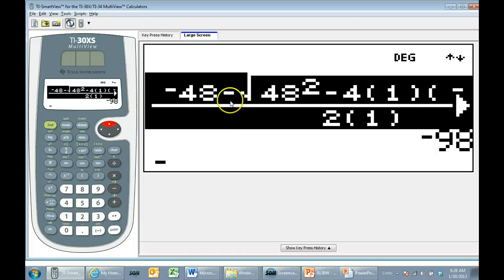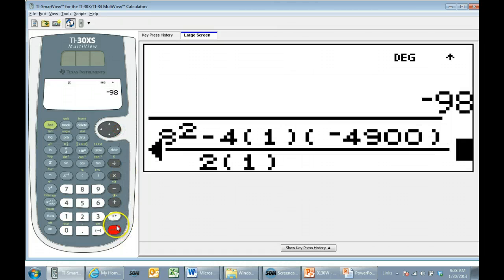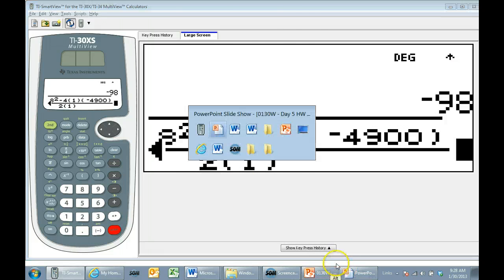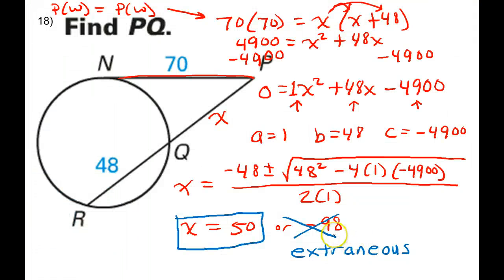Go back. This minus sign right here, that's the black button. This minus 4, that's the black button. But this negative sign in front of the 4,900, yeah, this negative sign right there, that's the white button. If you use the wrong button, you're going to get an error message. So if you do ever get an error message, go back and check that out.